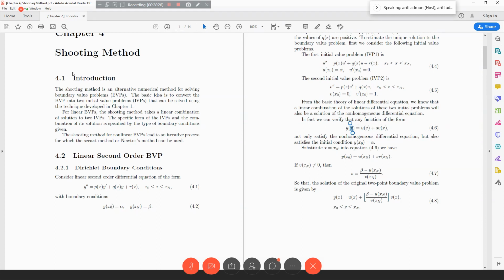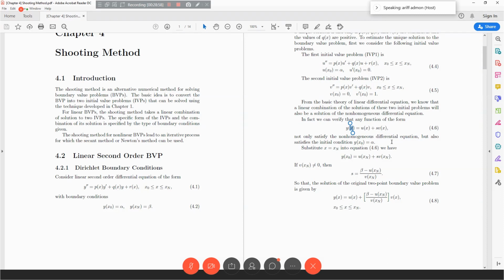You put alpha here, so the left hand side becomes alpha. Right hand side, u(x0): what is the value of u(x0) from IVP1? Also alpha. And what is the value of v(x0)? v(x0) is 0, which means you plus S multiplied by 0, so you are getting 0 here. Now alpha on the left equals alpha on the right plus 0, so both sides are equal. Since both sides are equal, once again, the condition is satisfied.